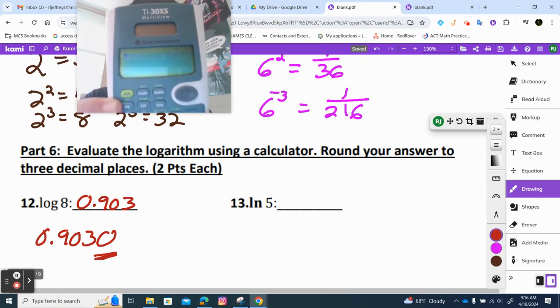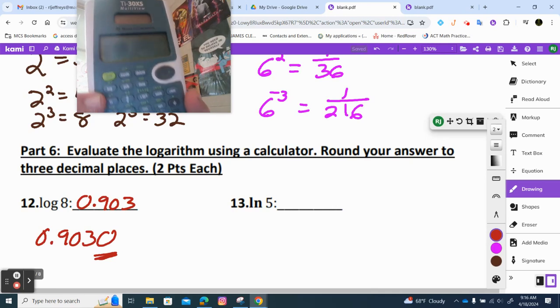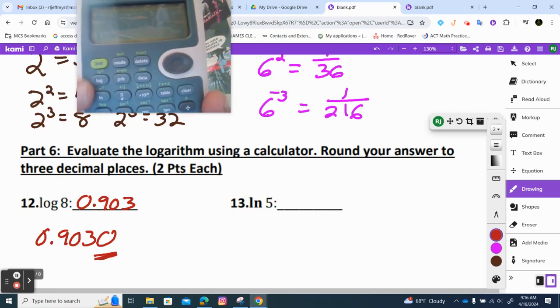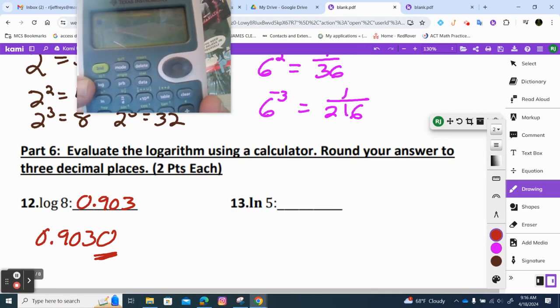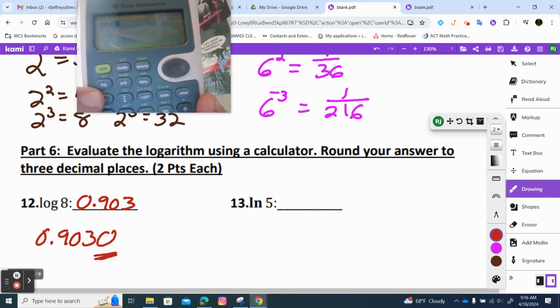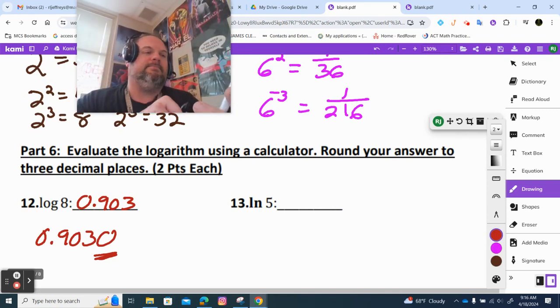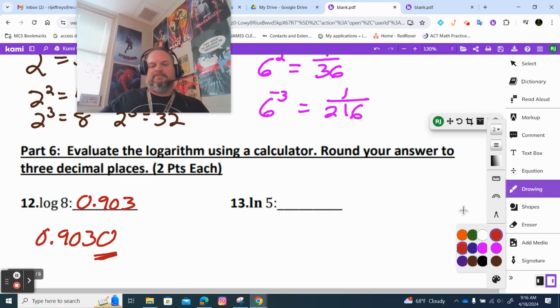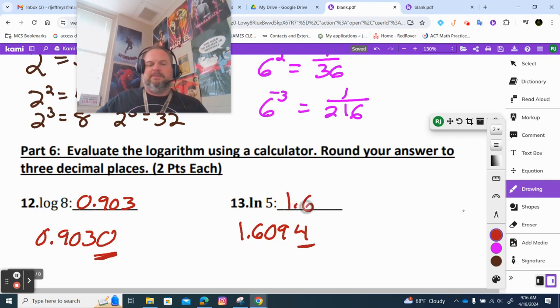Kind of neat because both our log and our natural log are right underneath each other. It's almost like it was meant to be. All right. This is 4. It's not 5. So 1.609.